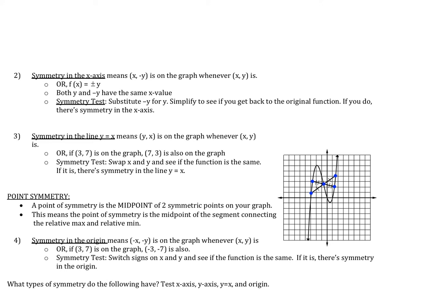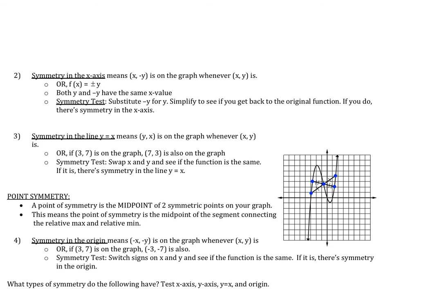And then symmetry in the line y equals x means (y, x) is on the graph whenever (x, y) is. What that really means is if I have a point like (3, 7) on the graph and I have symmetry in y equals x, that means (7, 3) is also on the graph.